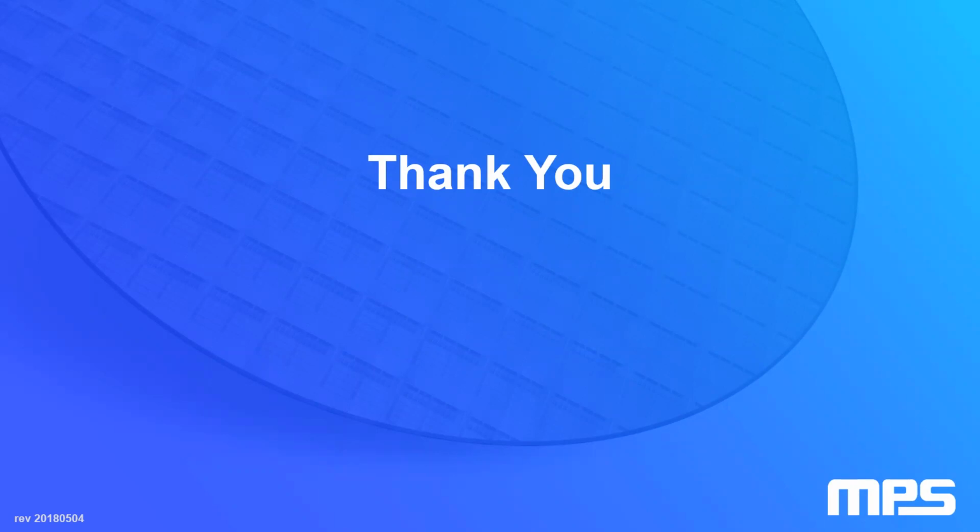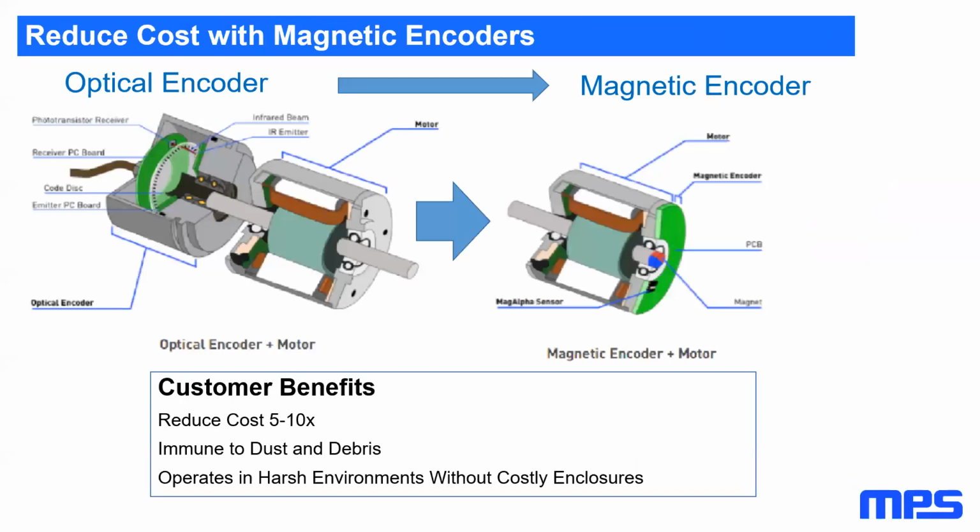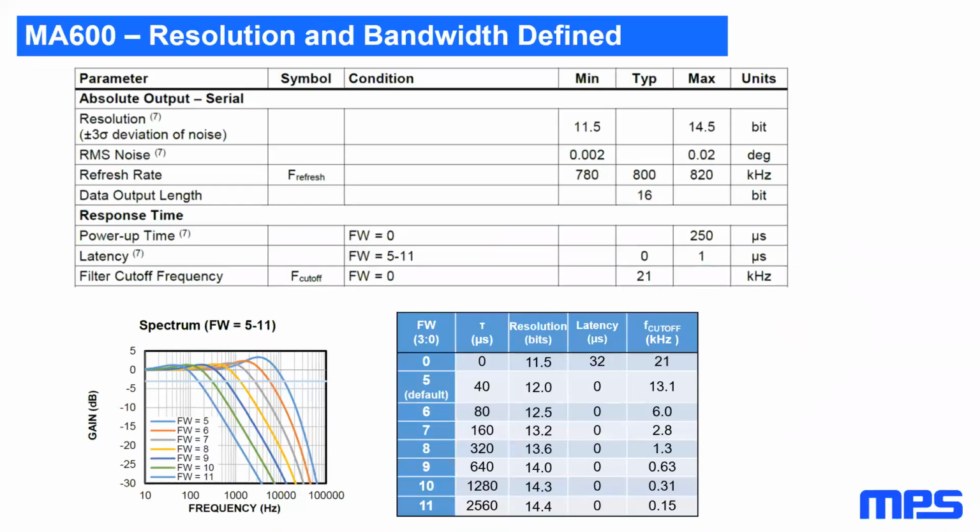But if you have a low bandwidth and you start to accelerate, you can calculate that lag. Oh boy, let's see if I get this right. It is acceleration times tau squared. You can see there's a tau associated with every cutoff frequency, and that tau is in microseconds.